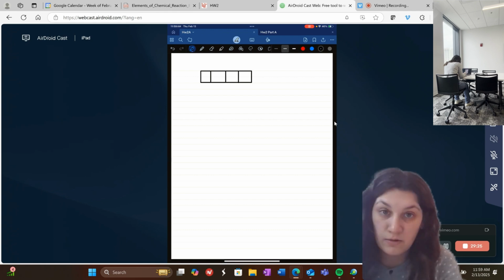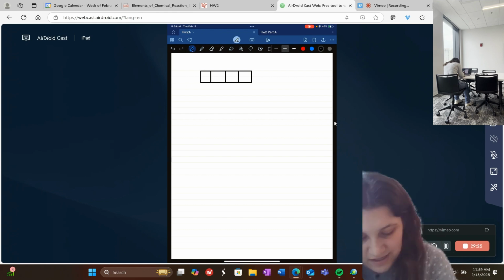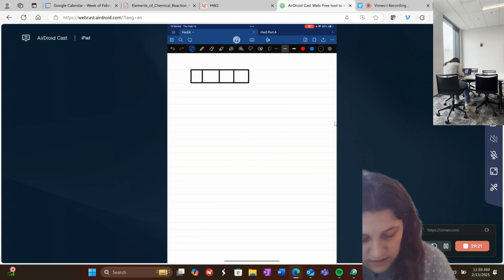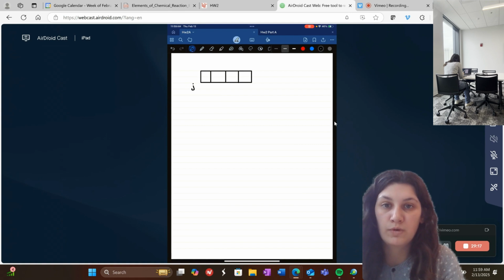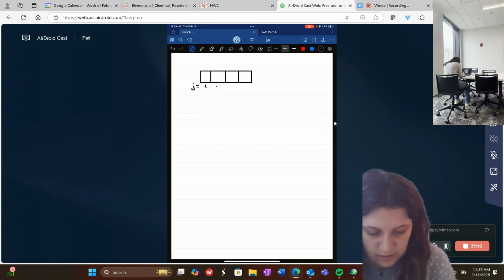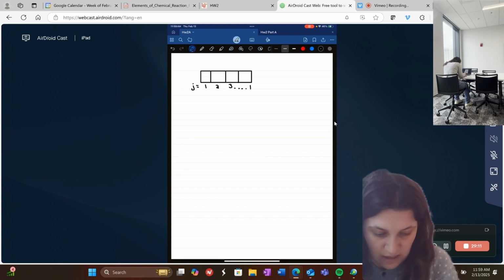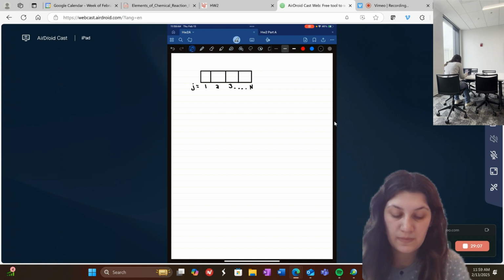We're going to pretend that they're all equal in size, and we're going to assign J as the variable for position. So we're going to have 1, 2, 3, all the way to n number of blocks.